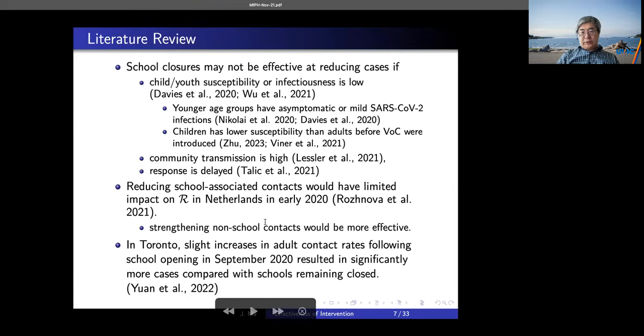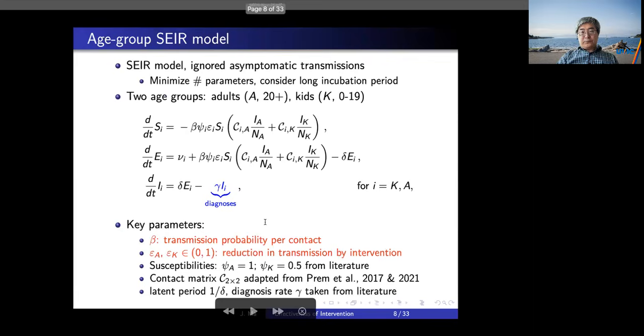And there are other studies showing that, for example, in Toronto, a slight increase in adult contact rates following school openings in the fall of 2020 resulted in significantly more cases compared with schools remaining closed. So that just shows that adult control measures have a larger effect on the cases than school closures.